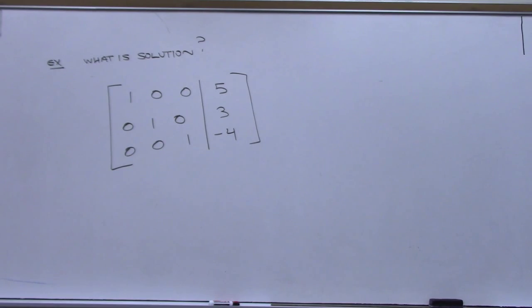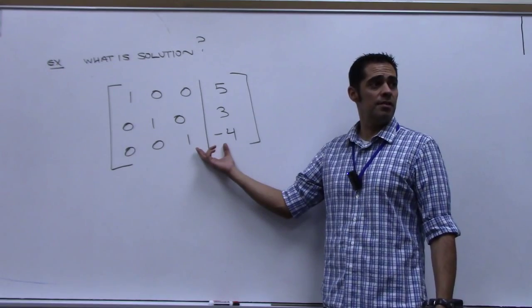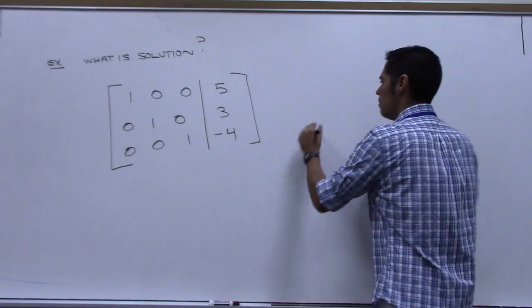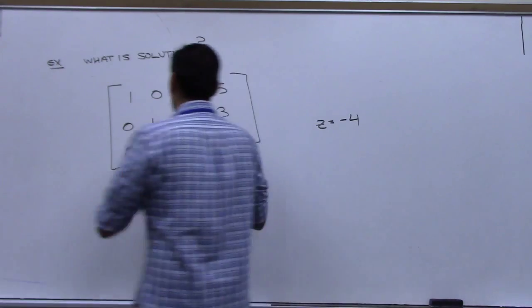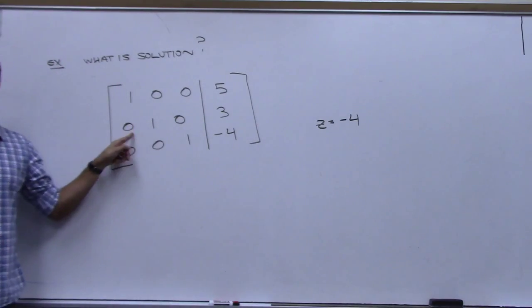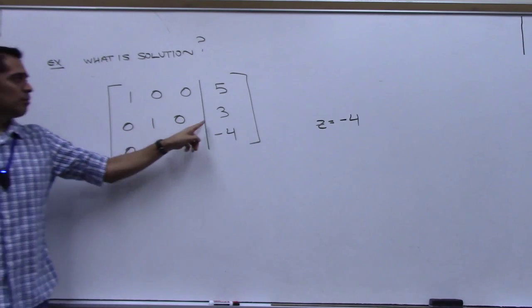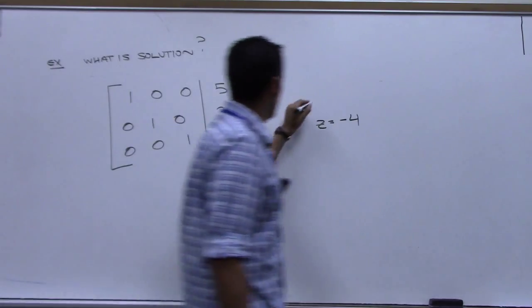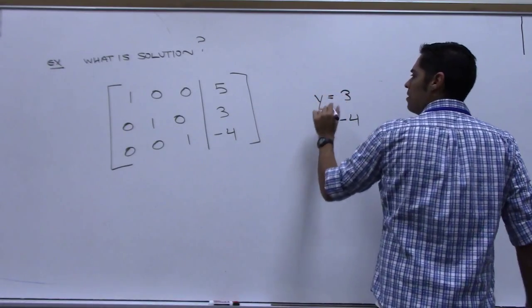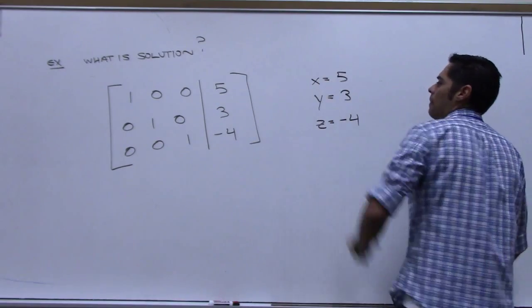Okay, so 5, 3, -4. What this last equation tells you is z is -4. And this one, because these are both zeros, tells you 1y equals 3. So y is 3. And this one tells you what? x is 5. x is equal to 5.